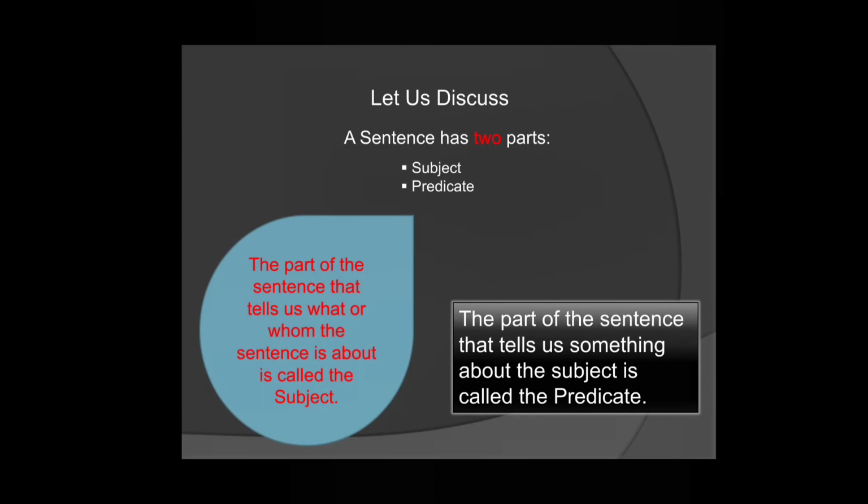Yes, we know that. What are they? They are subject and predicate. Now, what is a subject? The part of the sentence that tells us what or whom the sentence is about is called the subject. Now, the part of the sentence that tells us something about the subject is called the predicate.